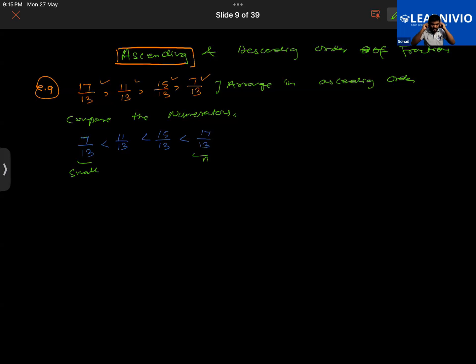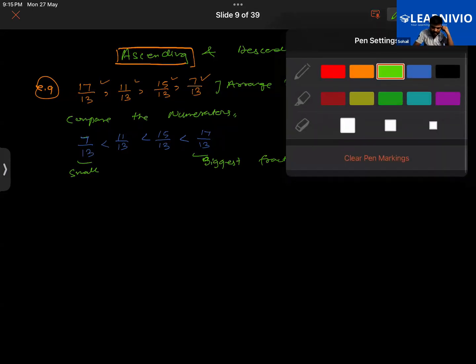So 7 upon 13 would be the smallest number, and 17 upon 13 is the largest number. That is the biggest fraction over here. Is that clear to you or not? Yes. Okay, I'm giving you a question.